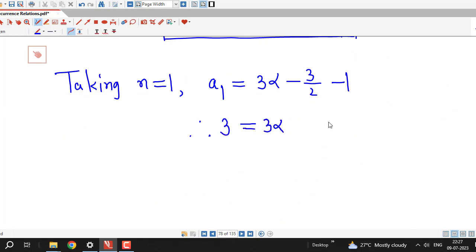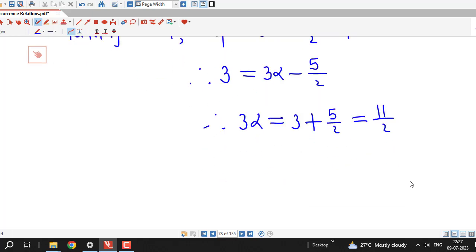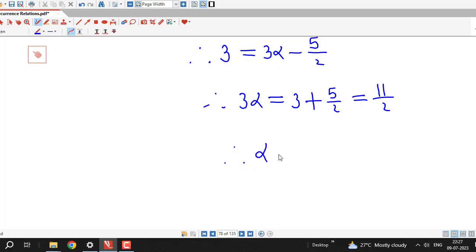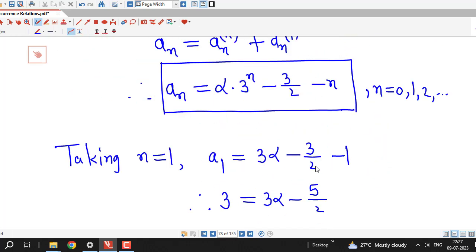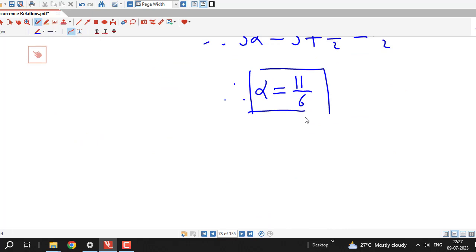This is 3 alpha, and this is going to be minus 3 by 2 minus 1, that is minus 5 by 2. I am interested in the value of alpha, so that is 3 plus 5 by 2, and this is 6 plus 5, that is 11 by 2. Therefore alpha is 11 by 6, and I will substitute this value of alpha here and I will obtain the particular solution.